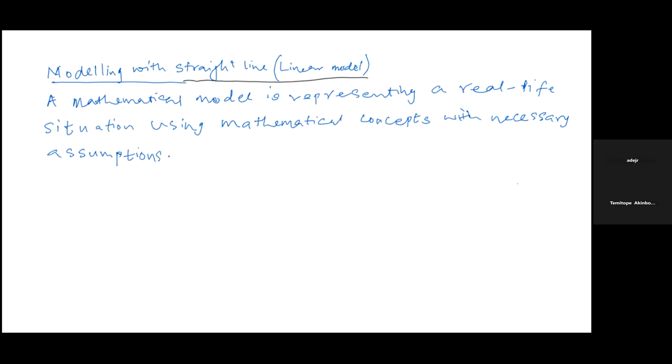So for the one we are doing, we said modeling with straight line, that is a linear model. So the graph of a linear model is a straight line.